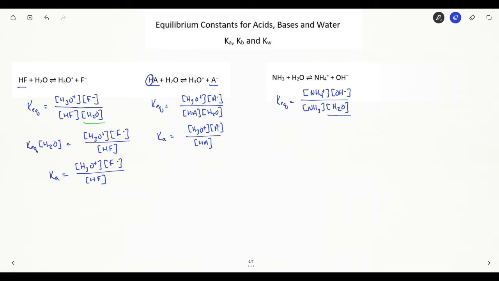So we are going to fold this into our KEQ. Our KEQ times our concentration of water becomes Kb, since we're talking about a base.